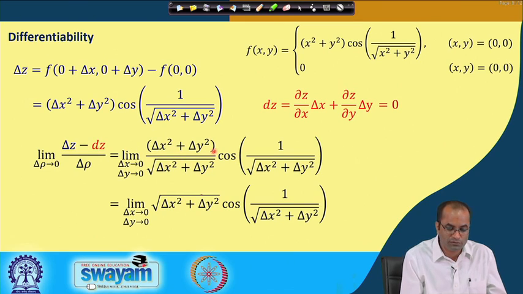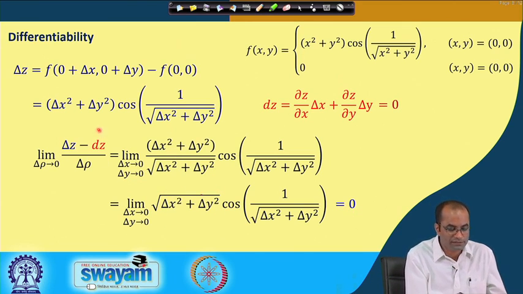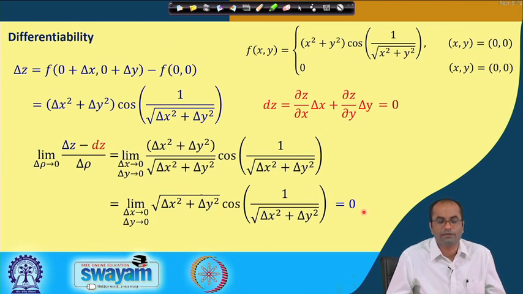So, we will get in the numerator the square root term with cos of 1 over this term, and now we can easily see that the limit as Δx goes to 0, Δy goes to 0, is 0, because this term will go to 0 and something bounded is sitting here. So, directly we can show that this value is 0. That means, if this limit is 0, then the function is differentiable. So, in this case we have observed that this function is differentiable.